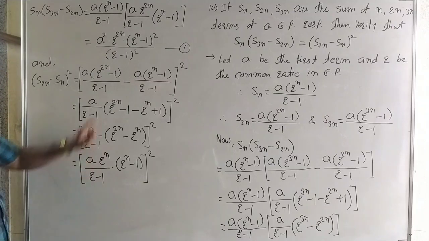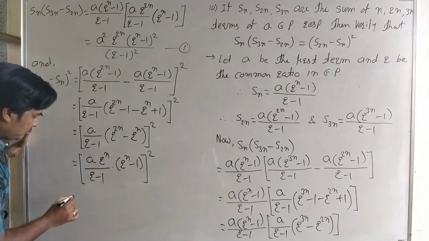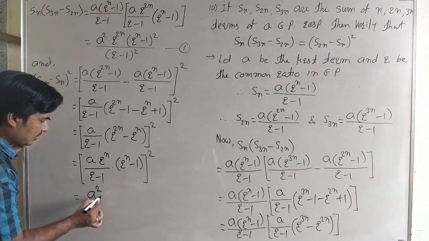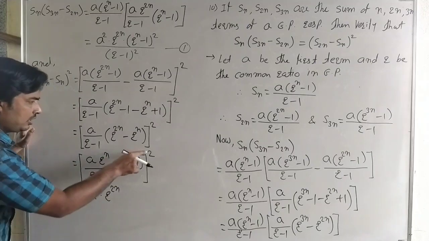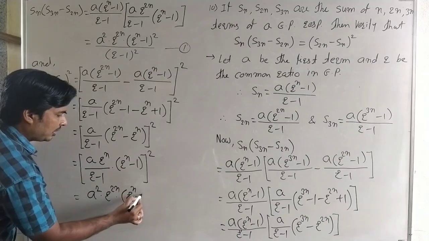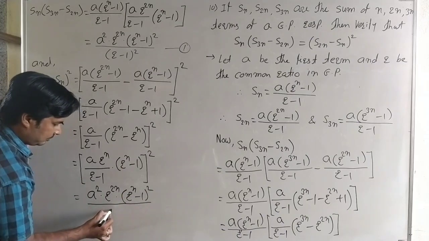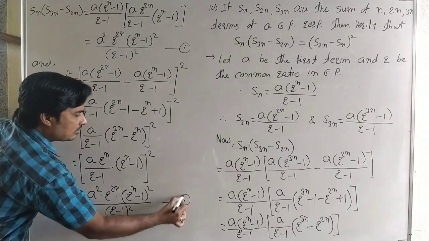See carefully this. It is equation number 1 and it is equation number 2. When we take the whole square, here it is a square into r to the power 2n into r to the power n minus 1 whole square upon r minus 1 whole square. It is equation number 2.